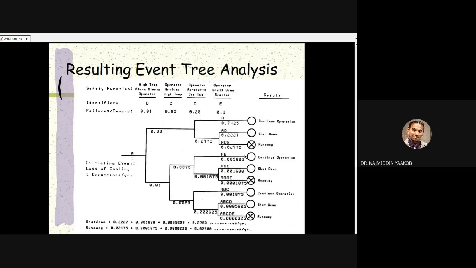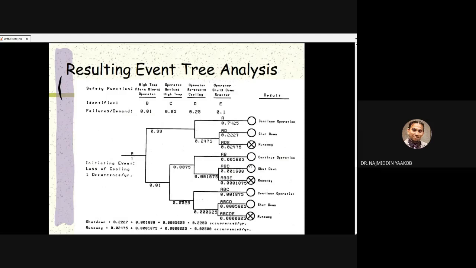If it is a success, you go up. And if it is a failure, you go down. So a success for this, if the operator succeeds, then A is 0.25, and the other is a failure. So you go straight away to this continue, which is if the operator restarts cooling, and straight away the operator shuts down the reactor, you get 0.7.25.